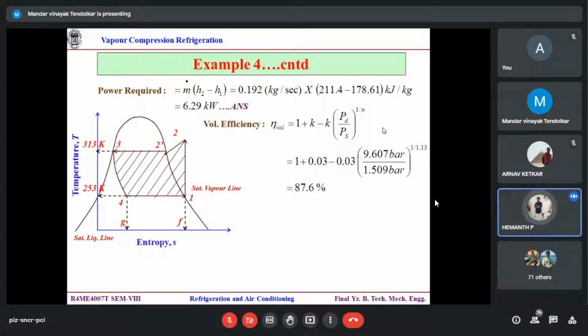Sir, you have calculated, I guess, using 1.13. Acha. Using 1.3, it is 90.54%. Oh, I see. So this is 1.13, correct? Yes, sir. You have taken the wrong value.